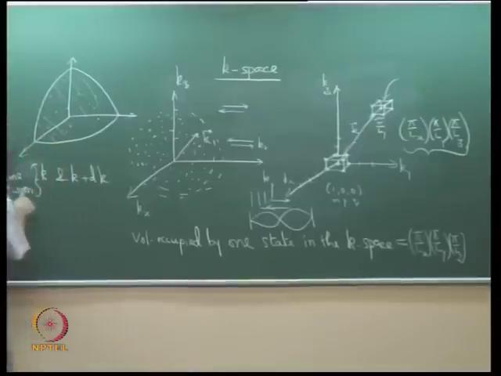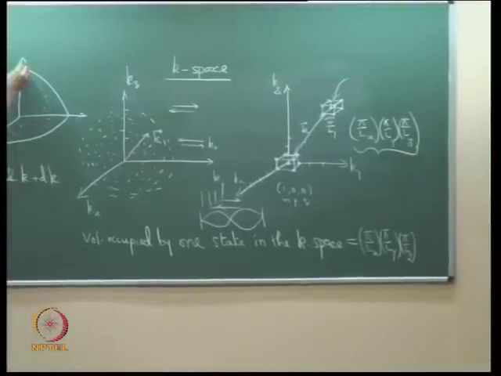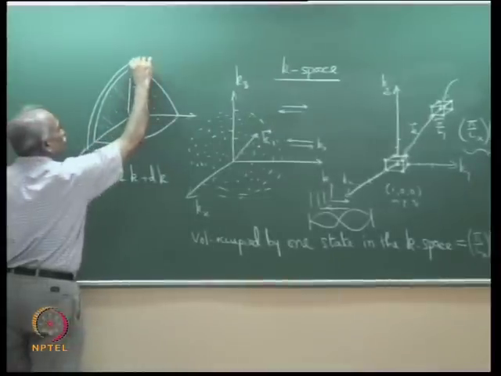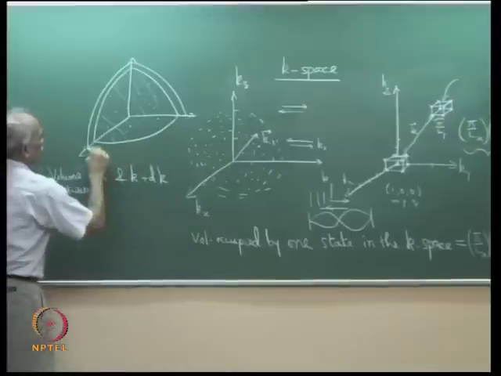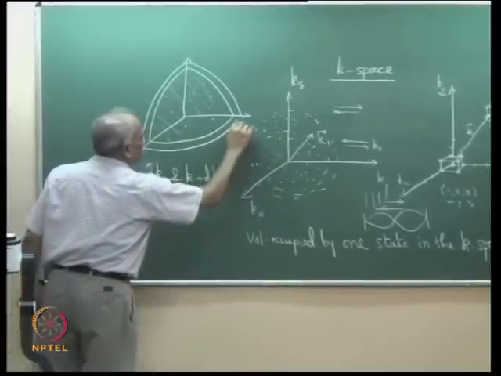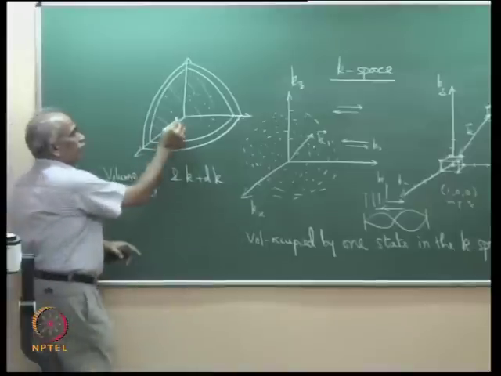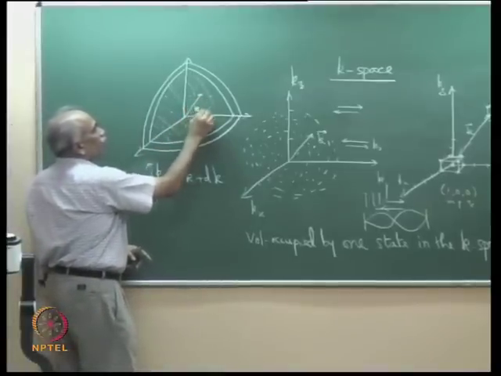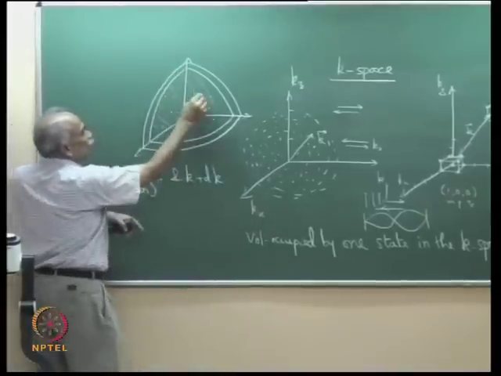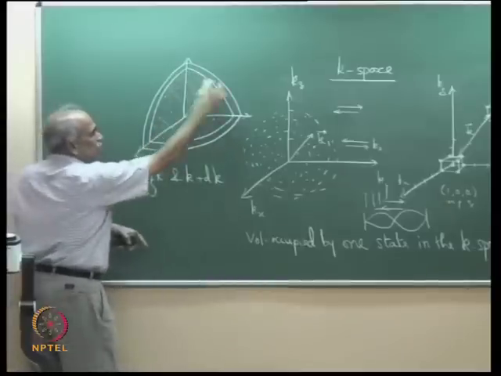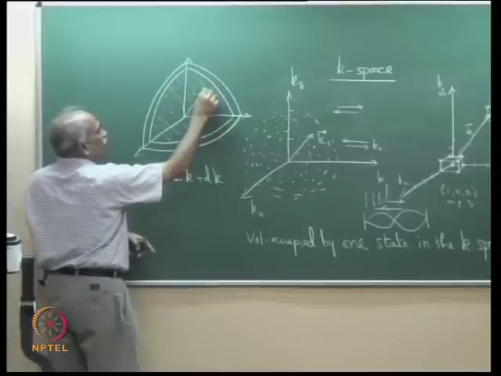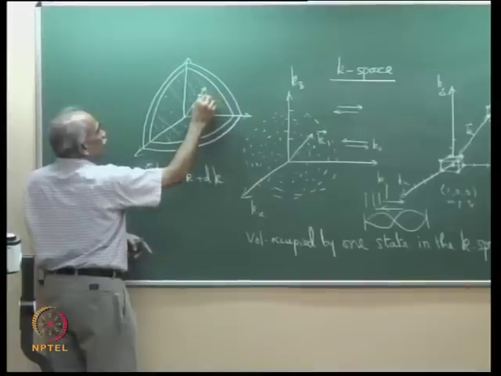So the volume between K and K plus dk, please see this, means I am looking at a shell volume between two shells. One is this shell, which is K. This point is lying on the first shell, and the second one is between K and K plus dk. So this is dk.